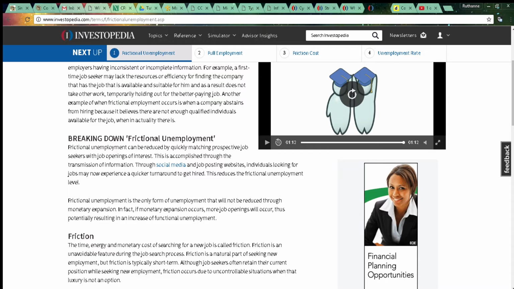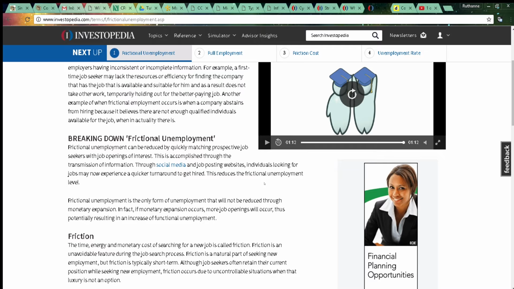They have taken advantage of the internet greatly to use social media and job posting websites, which they can do a better job of laying out to a potential candidate who they're looking for, what kind of business they are. The candidate can do more research on the internet than they could before information was widely available.